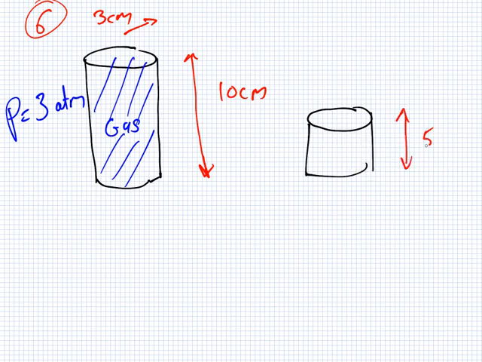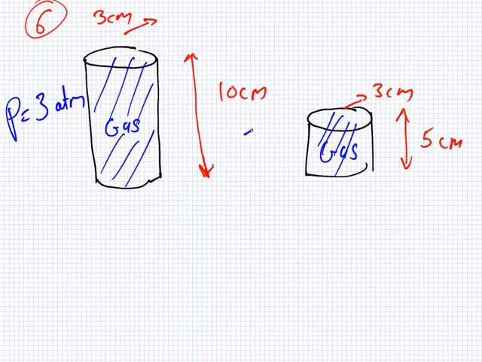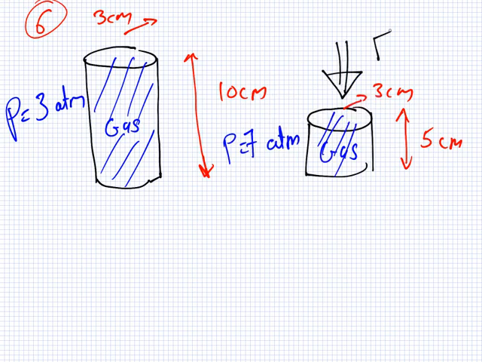So now it's 5 centimeters. But this is still, of course, 3 centimeters. There's the gas still inside it. And now the pressure is 7 atmospheres instead. So there is some force that pushes down here.